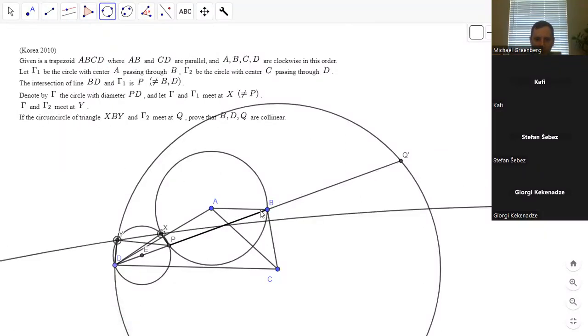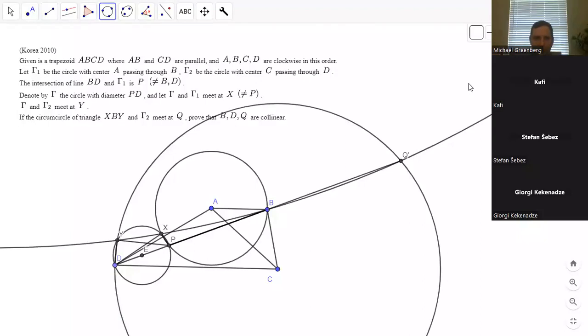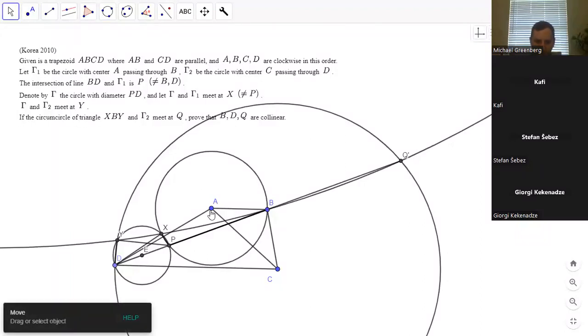So that would be like a very flat circle. Maybe I can make that circle look a little better.